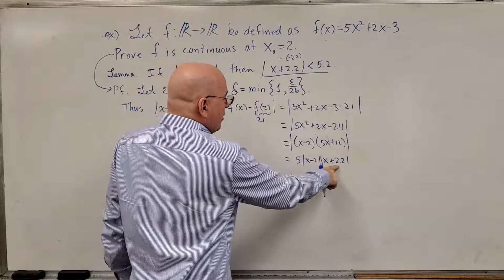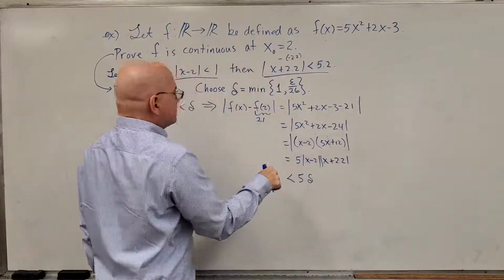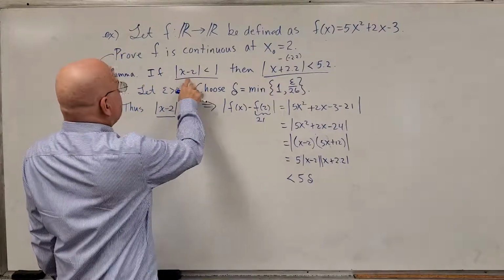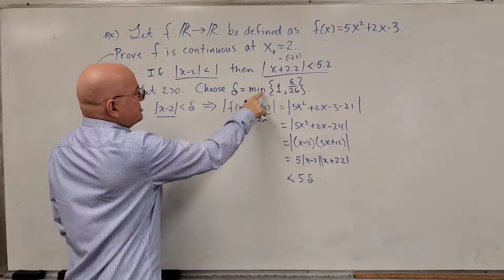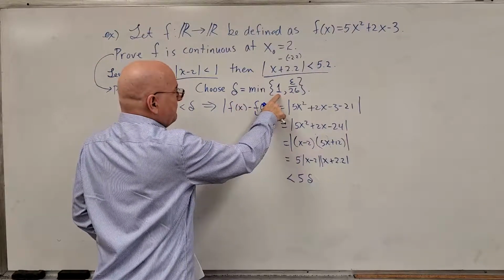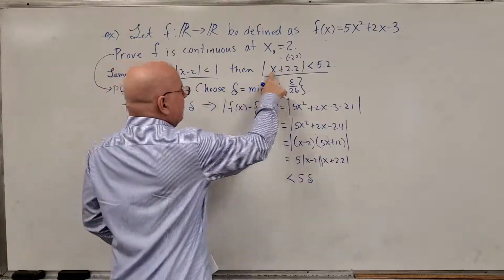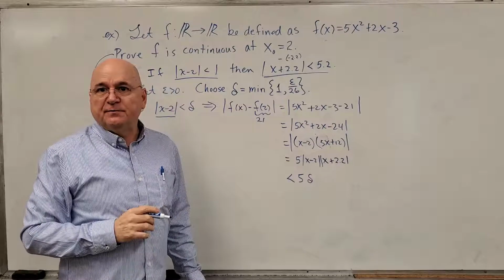And I know that x plus 2.2 is less than, let's see, since I know x minus 2 is less than 1, because I made sure delta was at most 1. Since this is true, x plus 2.2 is less than 5.2.